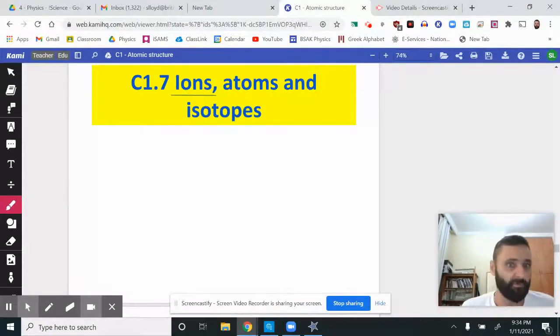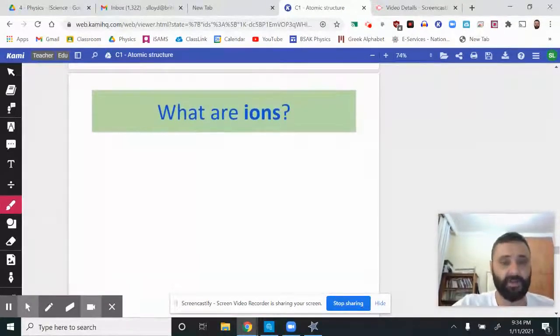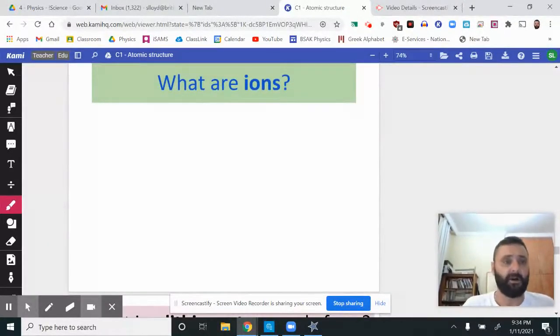So if there's more protons than electrons, there's going to be an overall positive charge. If there's more electrons, there's going to be an overall negative charge. Okay, so let's have a little look at this in a bit more detail. So basically, what are ions? Ions are atoms where electrons have been removed or added.